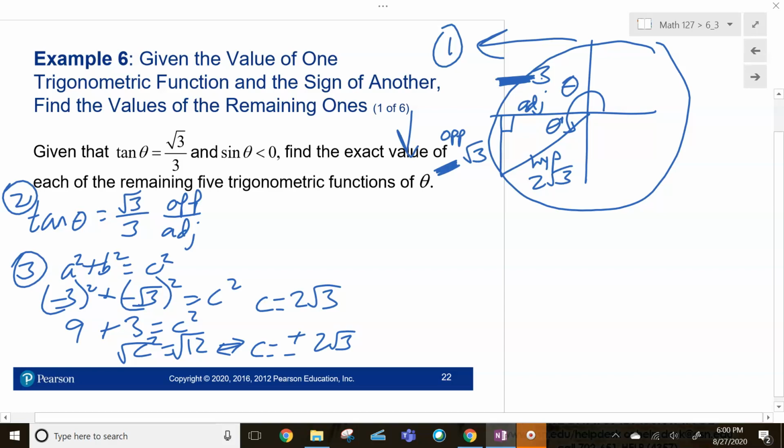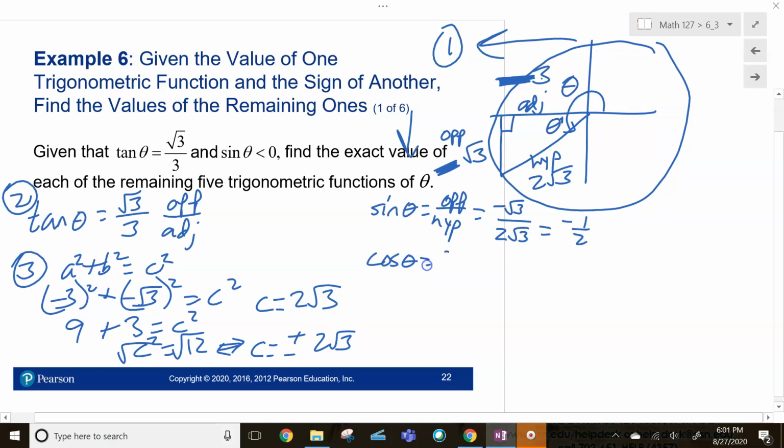Now, I can do everything. Sine is opposite over hypotenuse, the opposite side, negative root 3, over hypotenuse 2 root 3. The root 3's cancel, leaving us negative 1/2.